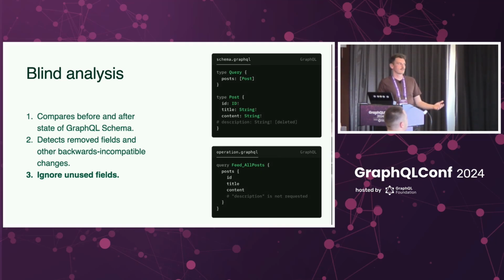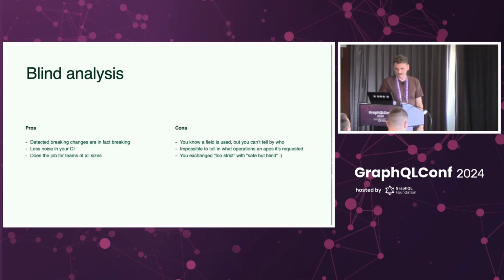If your goal is to actually prevent breaking changes, to prevent breaking used pieces of schema, it will do the job. You have less noise in your CI. Detected breaking changes are actually, in fact, breaking because those fields were used.